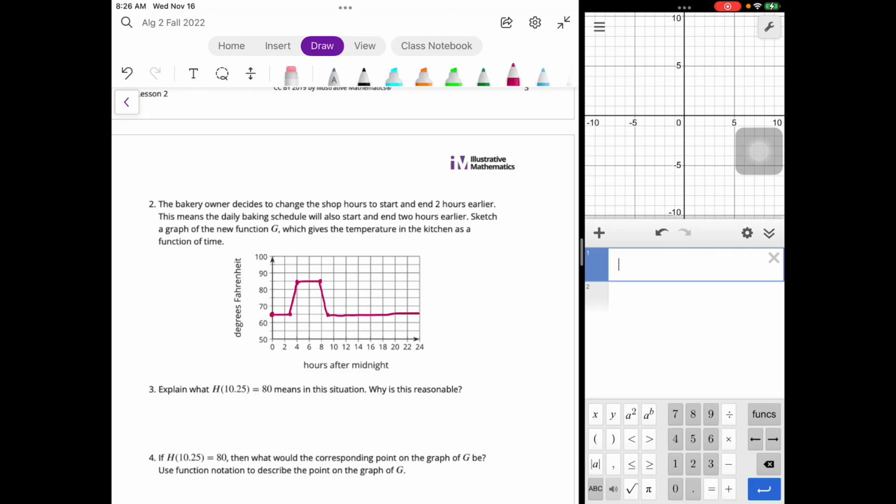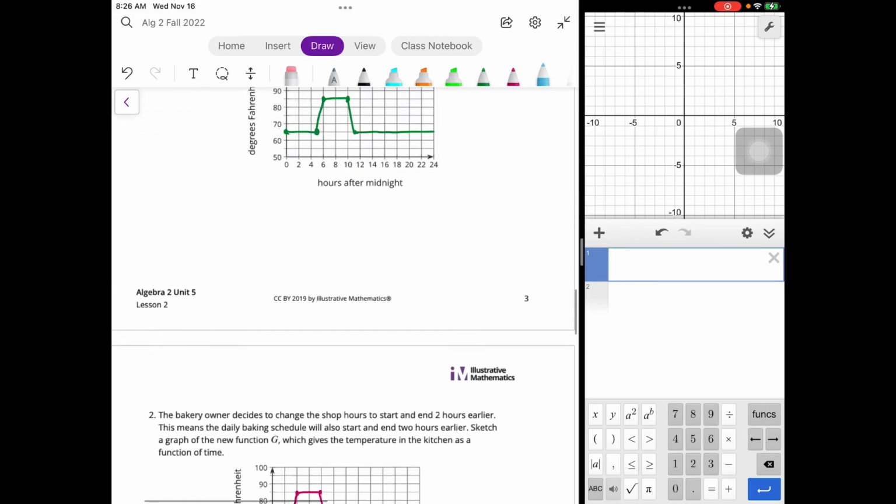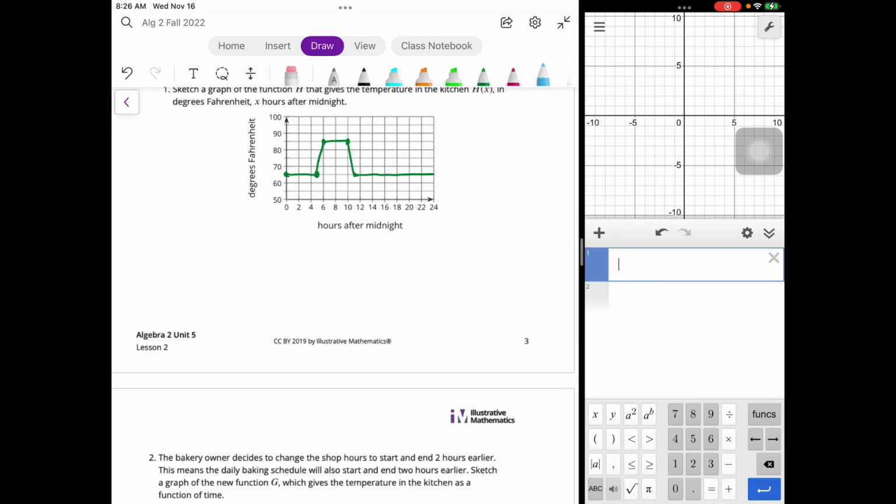All right, so explain what h of 10.25 equals 80 means in this situation. So h was the original function. So that was our green function. 10.25 would be like right here, and that equals 80.